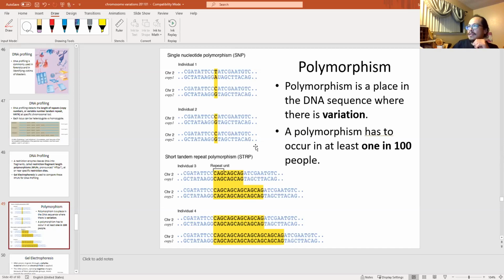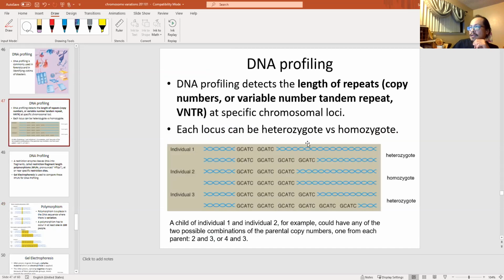So that's that. Another polymorphism is due to tandem repeats. For example, like this one here. It is short tandem repeat polymorphism. This is the polymorphism that we talk about here, where we cut.